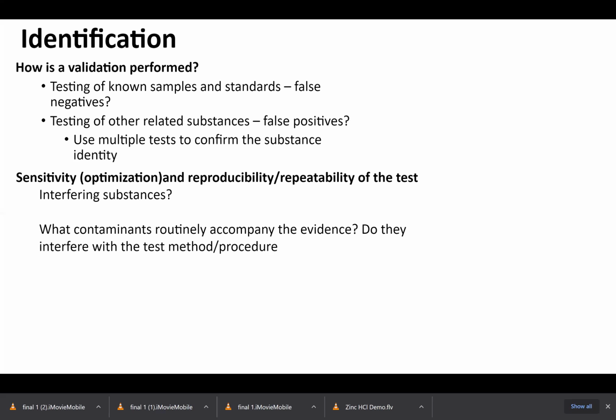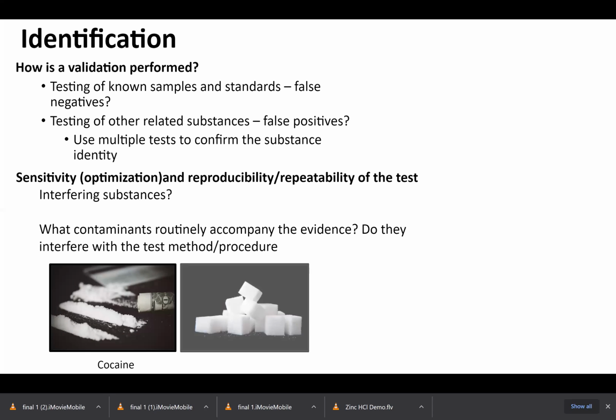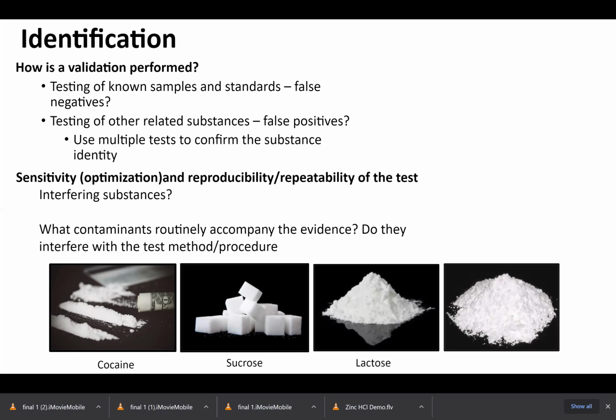It's helpful to understand what contaminants might routinely accompany the evidence and whether they interfere with the test method or procedure. For example, cocaine often includes sucrose, lactose, or talc, just to cut the cocaine, dilute the cocaine a bit.